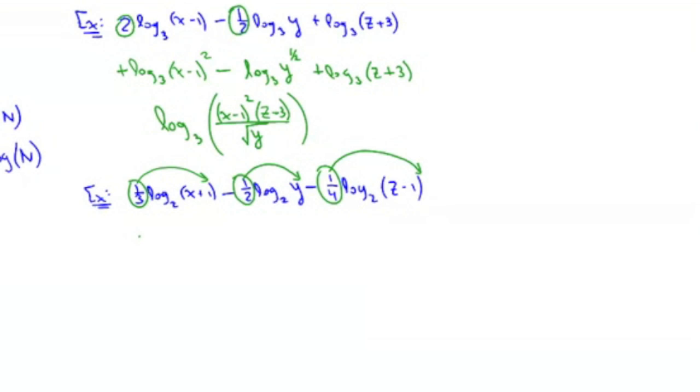It's not a problem. Log base 2 of x plus 1 raised to the 1/3 power. It's not times 1/3. It's raised to the 1/3 power. Anything in the front becomes a power. Minus log base 2 of y to the 1/2 power. And then minus log base 2 of z minus 1 raised to the 1/4 power.